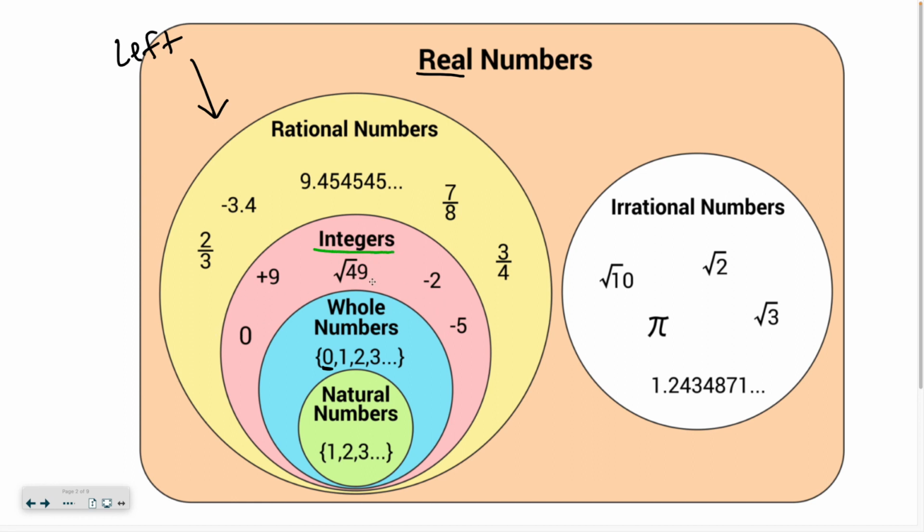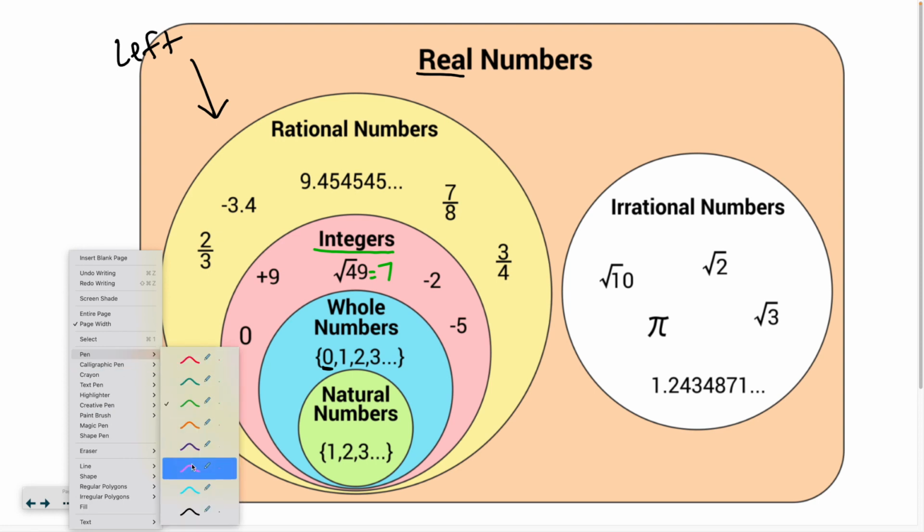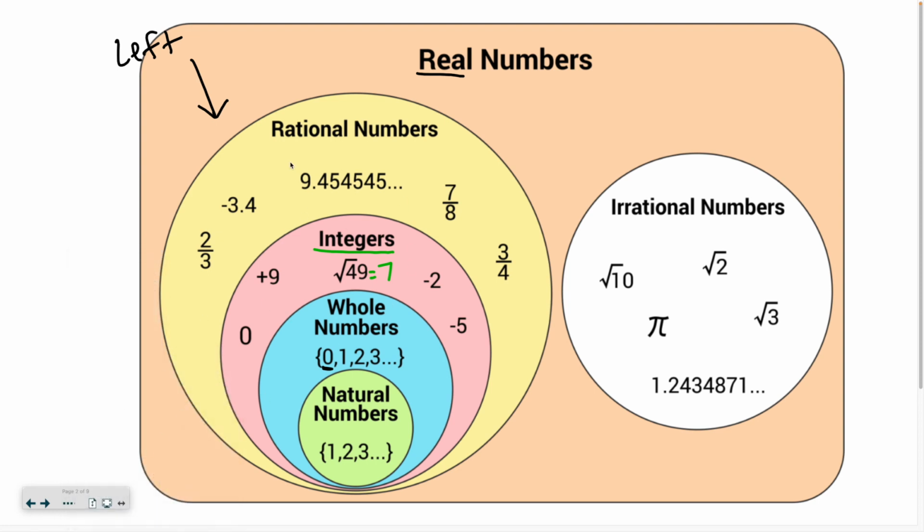And some of you might see the square root right here and wonder, why is there a square root there? We didn't talk about that. Well, it's because we haven't talked about square roots this year yet. But the square root of 49, if you were to simplify it, is actually the same thing as the number 7, okay? So the integers are the same as your whole numbers and natural numbers, but they also include the negative versions of those numbers. Then we have something called a rational number.